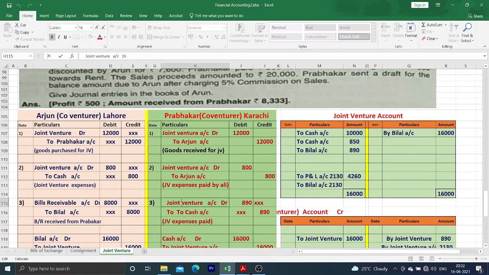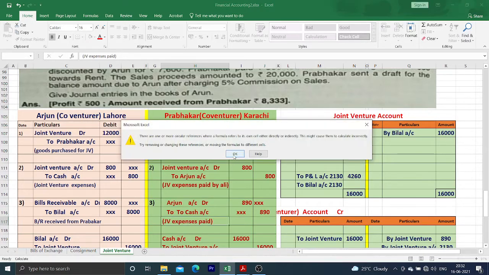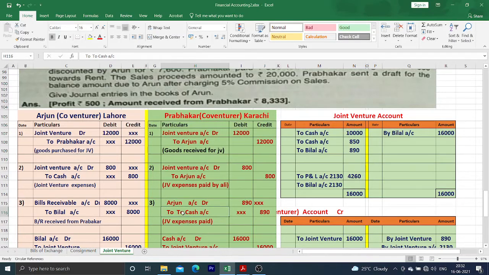And here Arjun account data to bills payable account, 8,000.